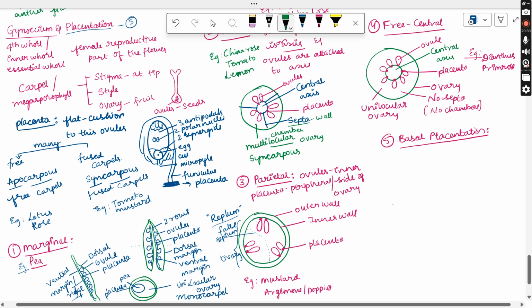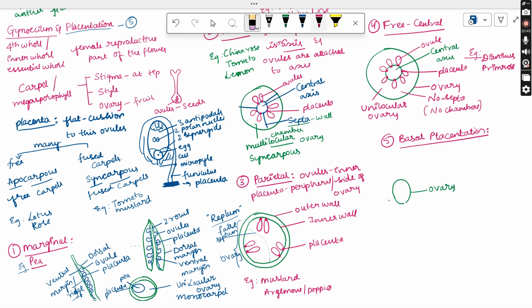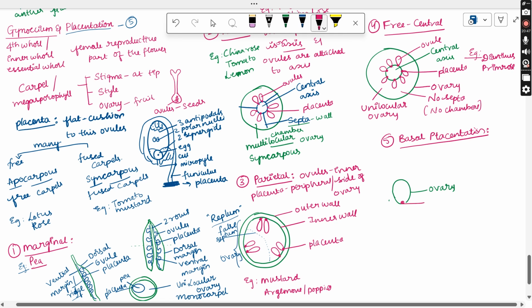If you just observe here, this whole structure is an ovary, and at the base it contains the placenta. So let us say this is an ovary, and at the base this part is the placenta. Wherever the placenta is, the ovule is attached to it, so this is the ovule attached to it.